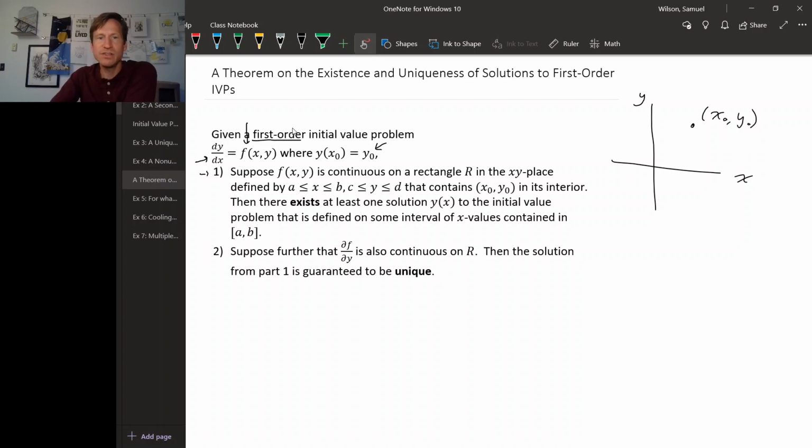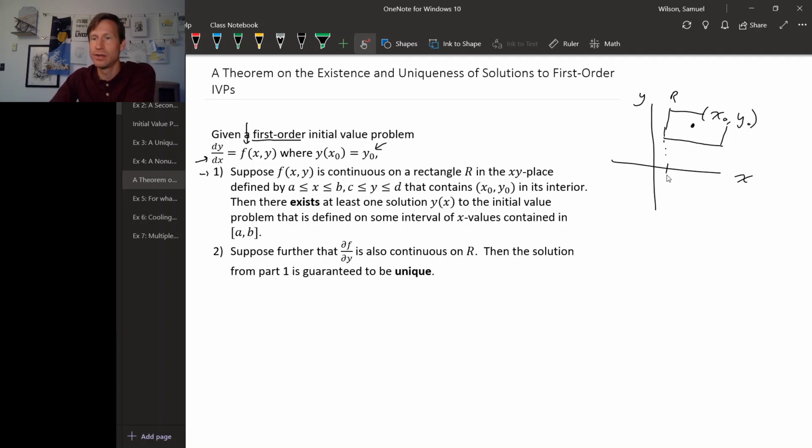Okay, now this function is a function of two variables, and to be sure that a solution to the initial value problem exists, what we need to be able to do is find or know that there is some rectangle that contains the initial value. So this rectangle, we're going to call it R. This rectangle contains the initial value on the inside of the rectangle, not on the edge. And the function f is continuous on this rectangle.